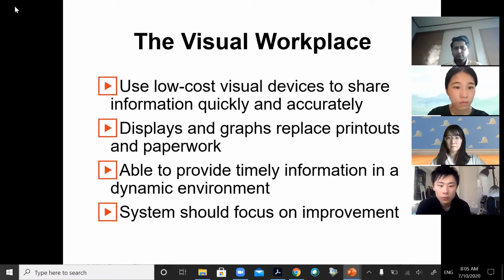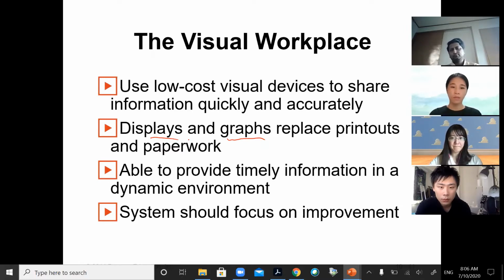Okay, so low cost visual devices to share information quickly, or you can have graphs or displays to replace printouts and paperwork. That means you can immediately see the progress of your work in the workplace. And if it is a dynamic environment, such as production, the things change very fast.